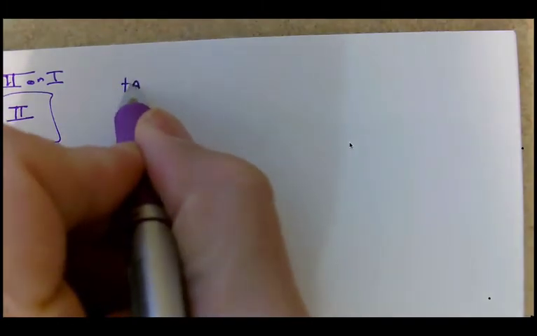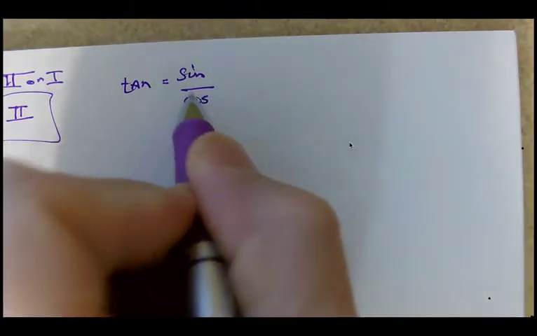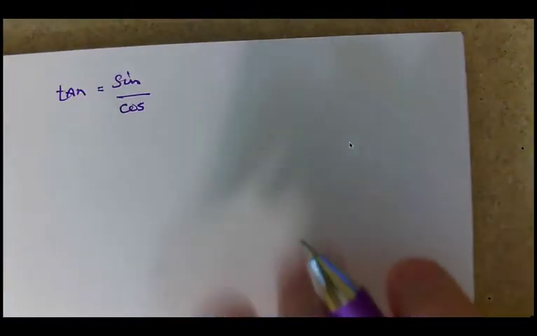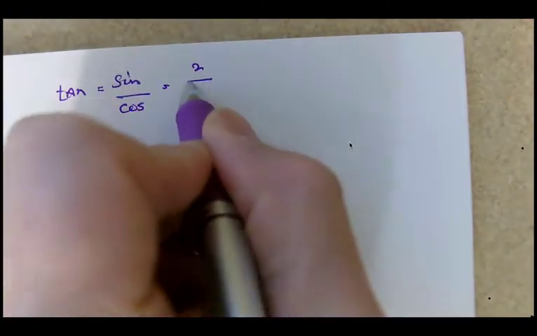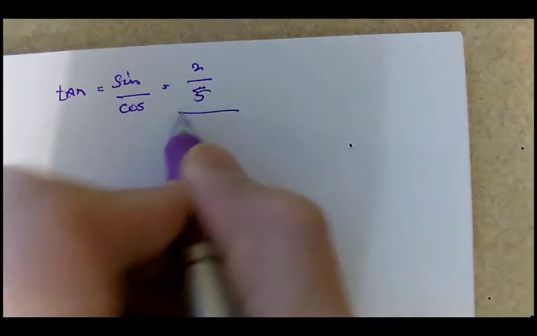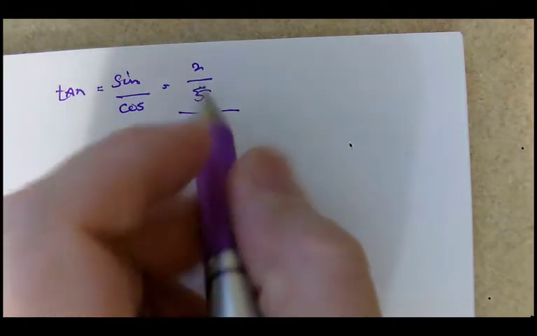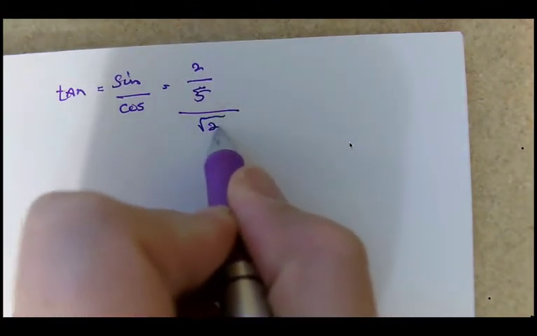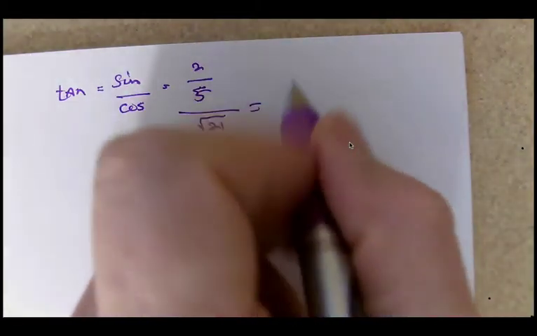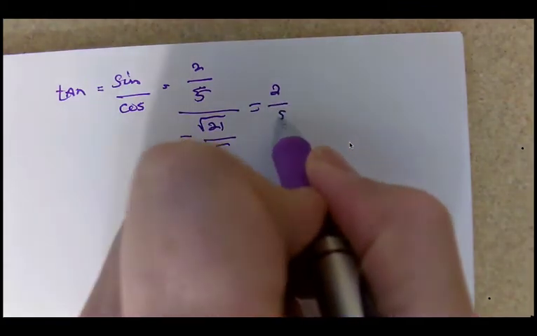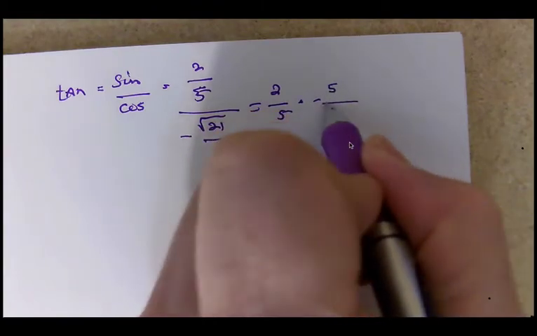We know that tangent is equal to the sine over cosine, and in this case it is equal to 2 over 5 divided by negative square root of 21 over 5. We write this out: 2 over negative square root of 21.